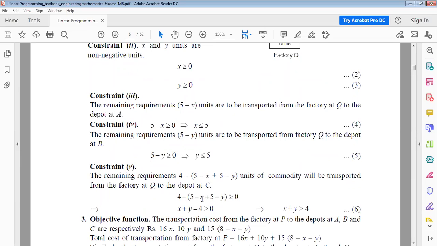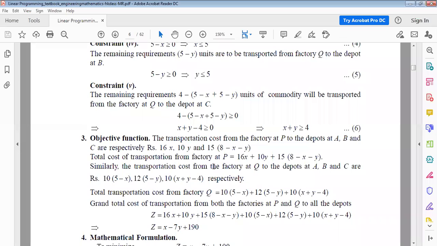So this can make an equation, 5 plus 5 is 10, and after solving this we get 4 minus 5, minus 1. So minus 1 plus 5 is 4. X plus Y is greater than or equal to 4.